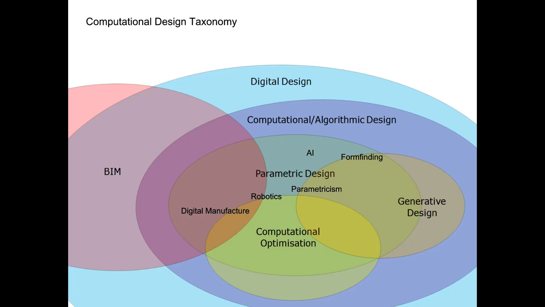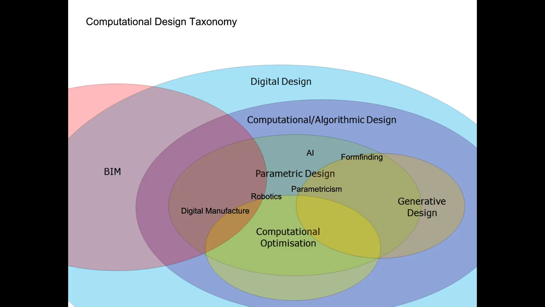So there's all sorts of terminology around, like digital design is usually used as a catch-all for it. And then computational and algorithmic design is a subset within that. And then there's parametric design, which deals with modeling stuff via parameters. And then there's all sorts of other things like computational optimization and generative design, which falls into that category.